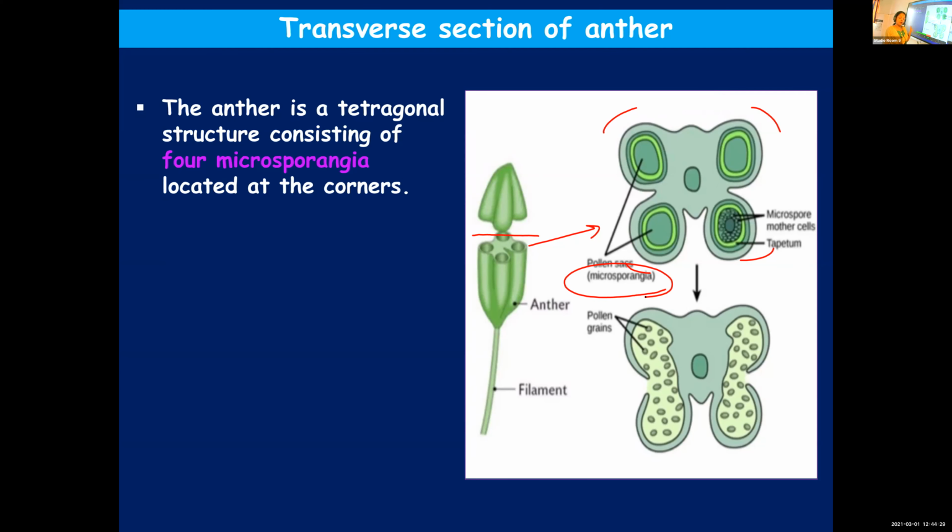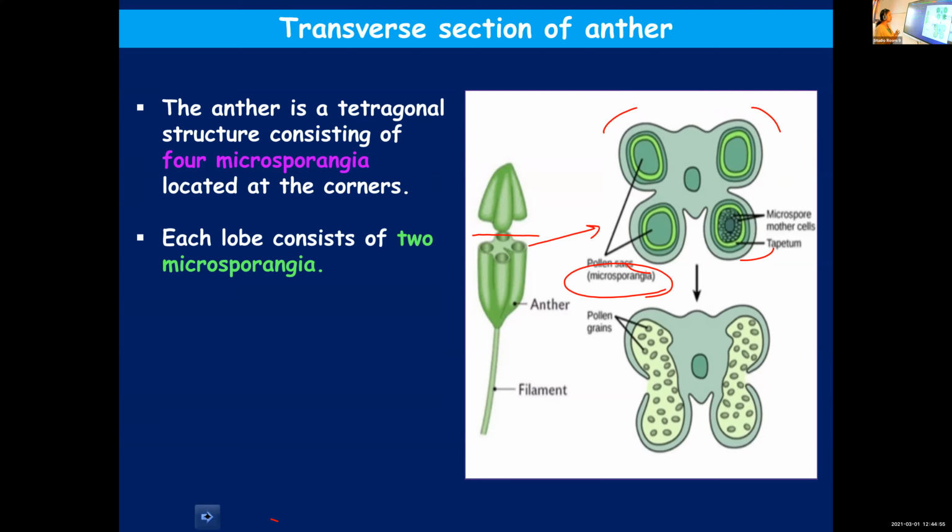If you take a transverse section of an anther, you will find four microsporangia at four corners. Each corner will have a microsporangium, and microsporangia, the plural, will later develop into pollen sacs where the pollen grains are formed.